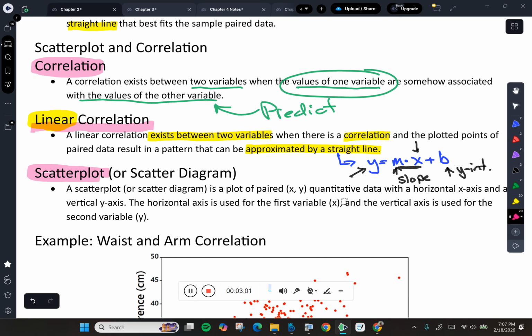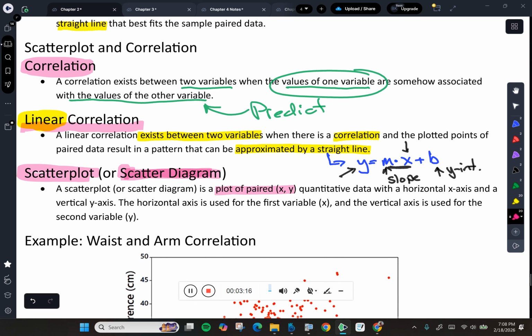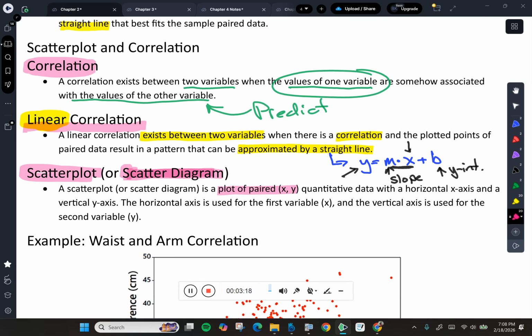Scatter plot, sometimes called a scatter diagram, but not too much here in the States. I think that's more of a European thing to call them scatter diagrams. But here we call them scatter plots. A scatter plot is a plot of paired data, right, where you have a horizontal axis and a vertical axis. The horizontal axis is used for the first variable in your data pair, and the vertical axis is used for the second variable.